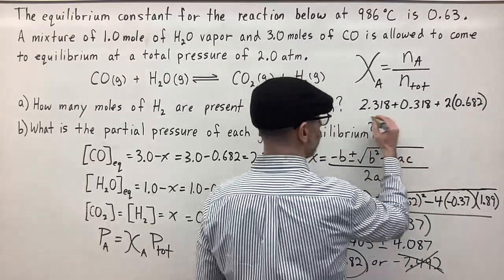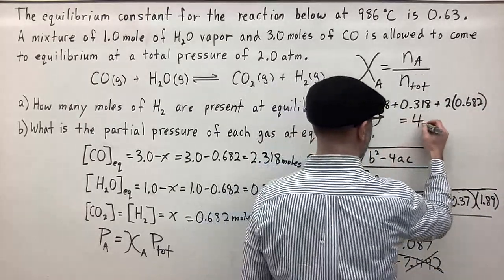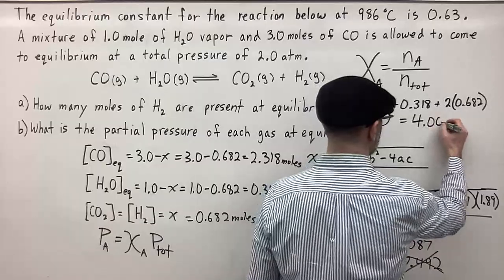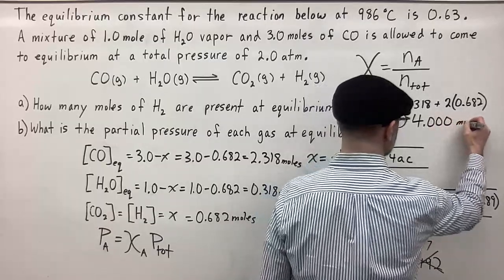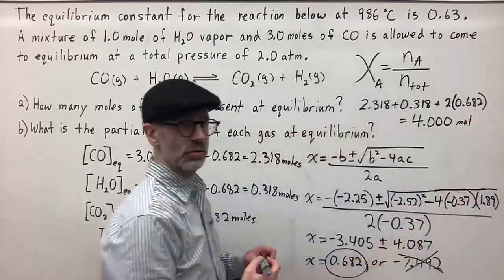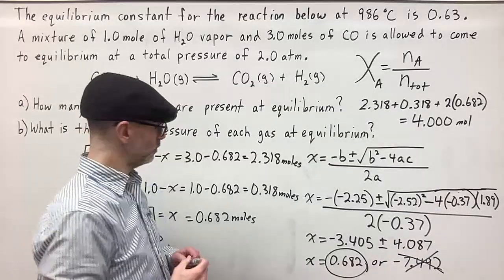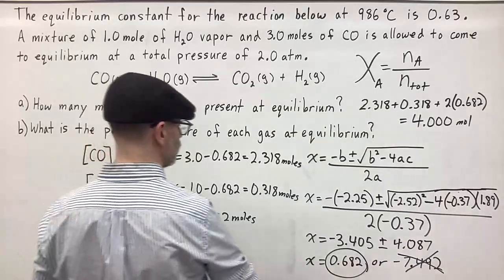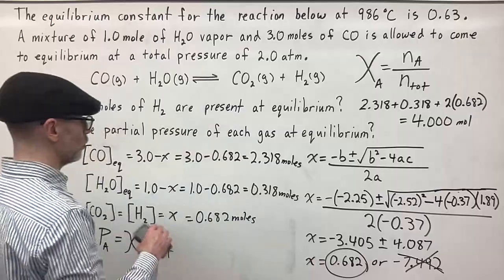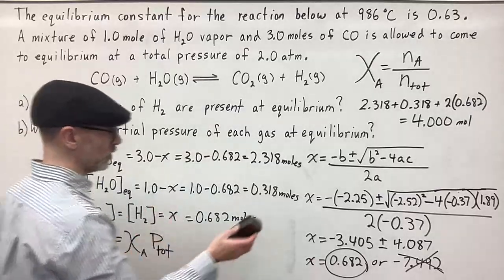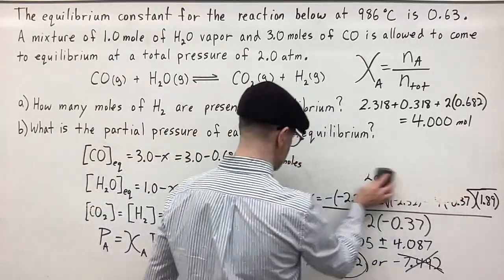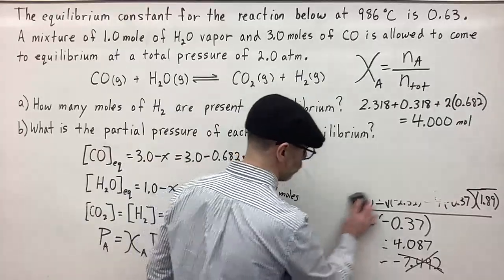If you add all of this together, you get exactly 4 moles. So 4 moles is the total. So now all we need to do is, I'm going to go ahead and erase this here. We don't need that anymore.